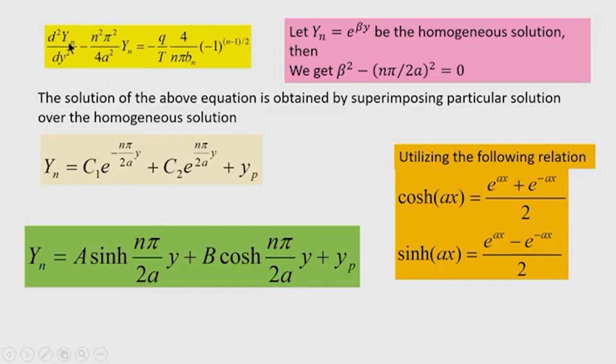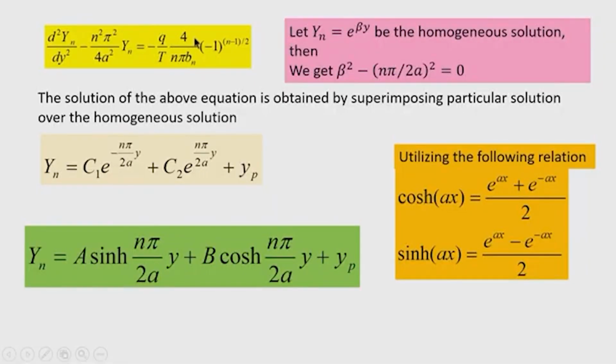Now you can see this equation is a non-homogeneous equation. So the solution has to be obtained in two parts: one is the homogeneous solution and the other is the particular integral. Let us first obtain the homogeneous solution. For the homogeneous solution we put the right hand side to be 0. Let us assume the solution is y n equal to e to the power beta y, where beta is the root of the characteristic equation.